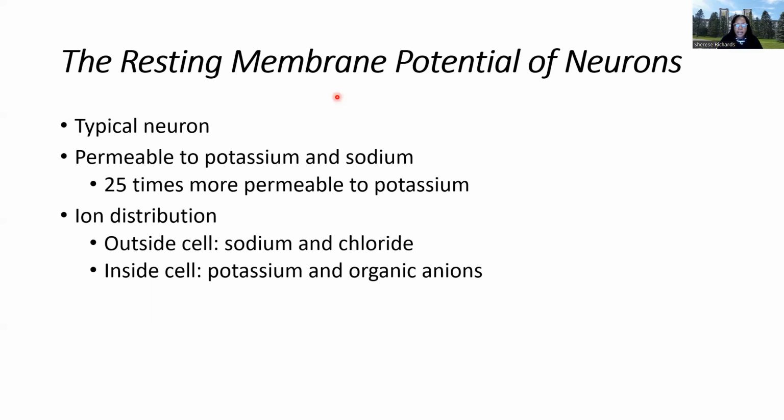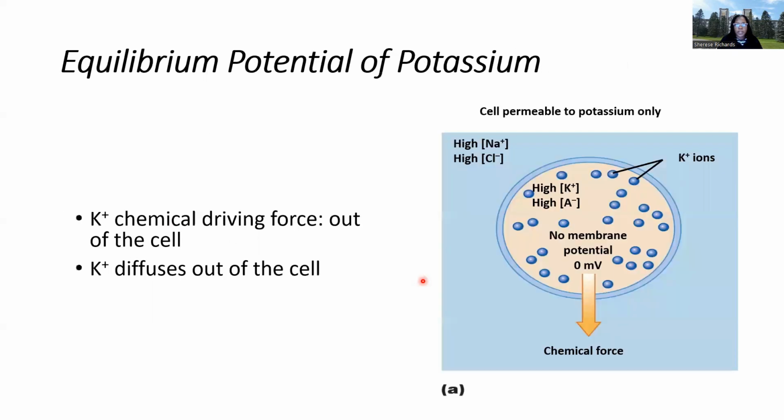On the inside of the cell, we have an abundance of potassium ions, and that is going to be balanced by organic anions. Organic anions are negatively charged, and once again, they help balance the abundance of positive potassium ions on the inside of the cell. So those are two important things to bear in mind as we go forward and begin to look at our ions independently.